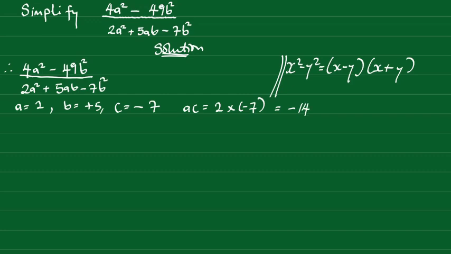Having ac as minus 14, we look for the factors of minus 14 that when added together give us our value for b, which is plus 5. These factors are plus 7 and minus 2, because plus 7 times minus 2 gives us minus 14, while plus 7 plus minus 2 gives us plus 5.